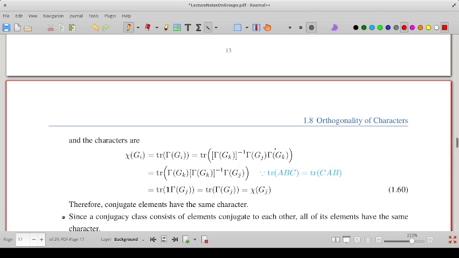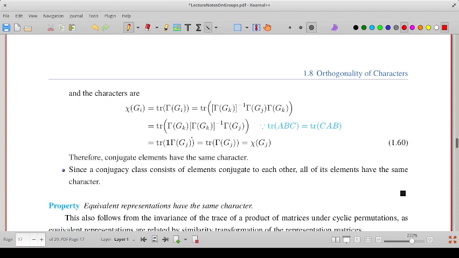So we can take this to the left of the inverse of gamma Gk. So we will get this equal to the trace of gamma Gk, then inverse of gamma Gk times gamma Gj. Now gamma Gk times its inverse is the identity, and therefore this will be identity times gamma Gj, which is nothing but the trace of gamma Gj.